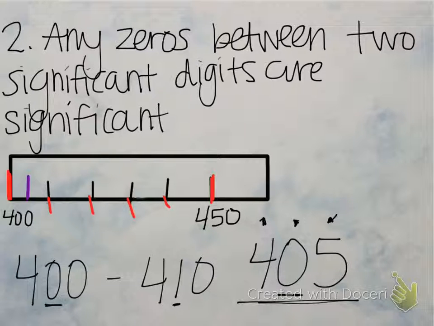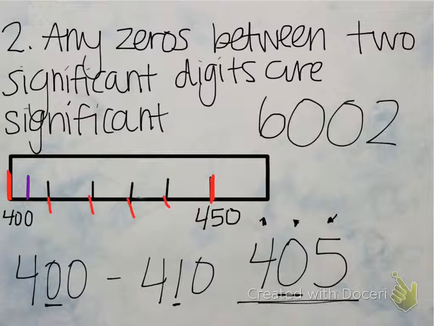You might see a number like 6002. By default, this 2 is significant. By default, this 6 is also. And since both of these zeros are trapped in between, they are significant as well. It doesn't matter if I have 1 zero between these two digits, or if I have 50 zeros. Any zeros that are captured between two significant ones are also significant.